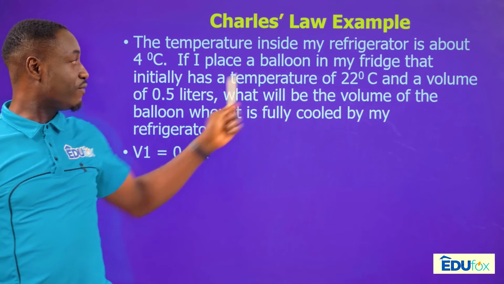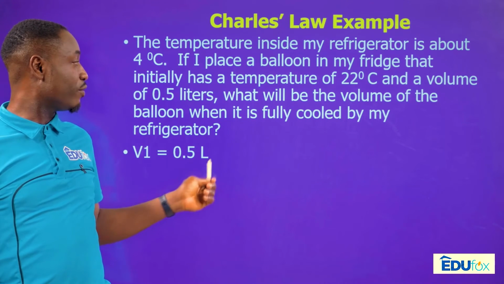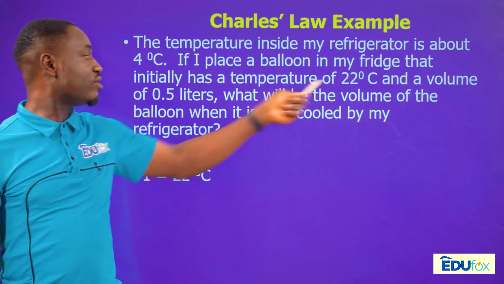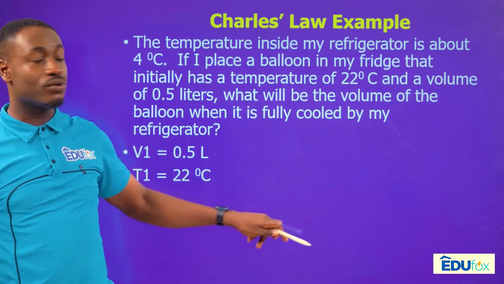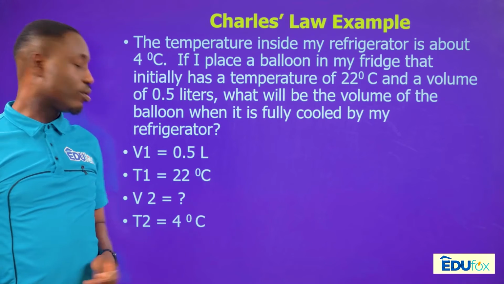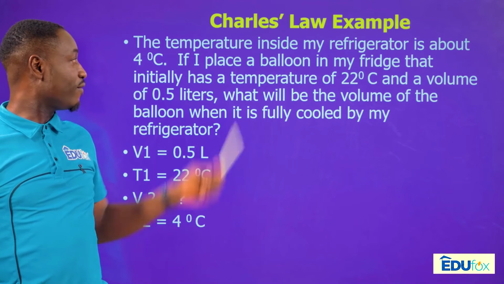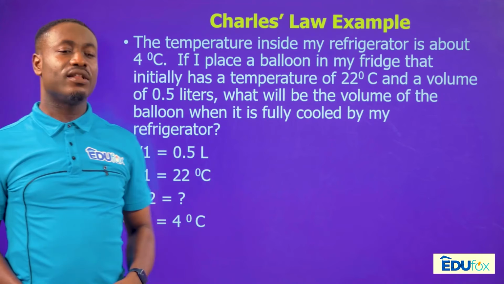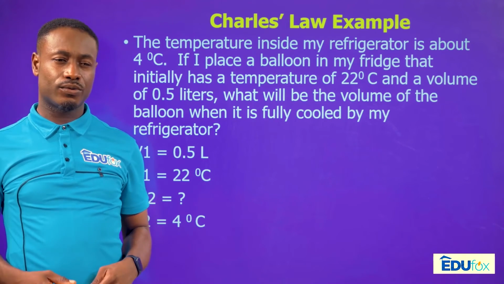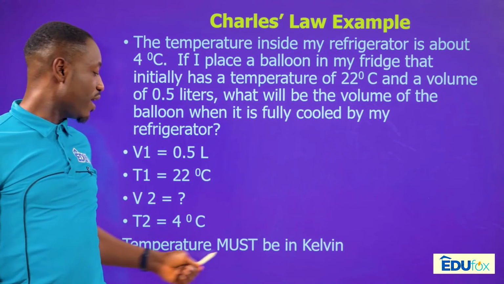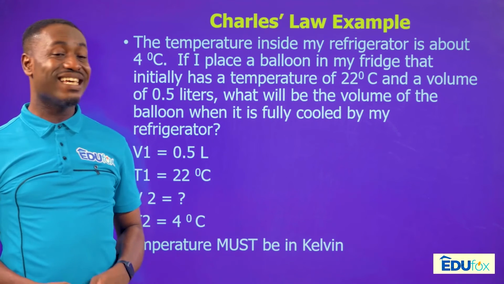Our V1 here is going to be 0.5 liters. And of course we have two temperatures, T1 as 22 and T2 as 4, and we're looking for V2. To do that, you have to use the formula again, but the temperature must remain in Kelvin.